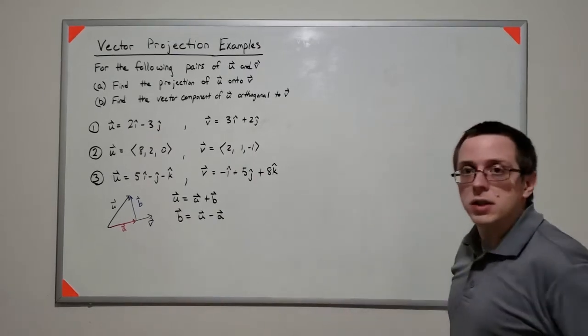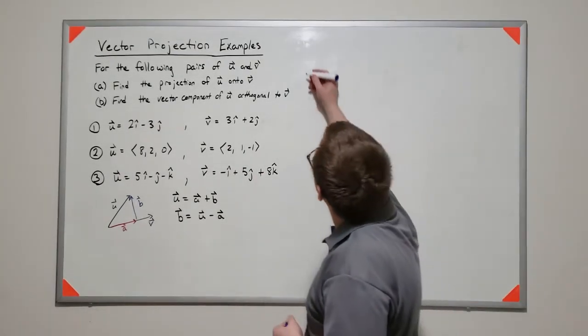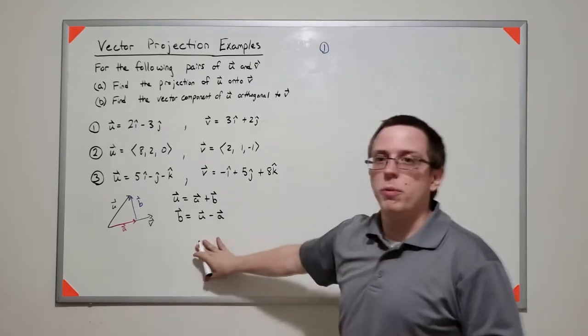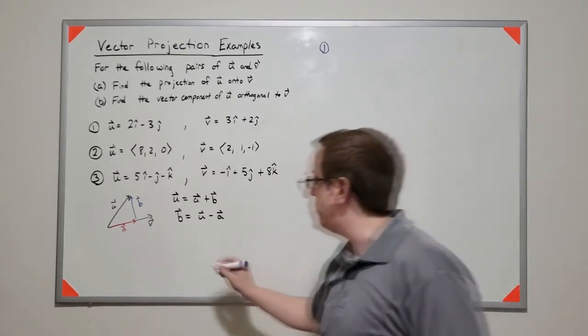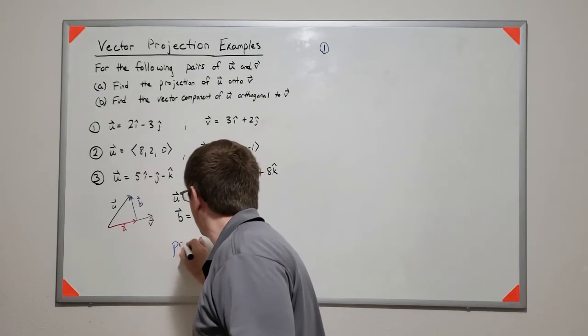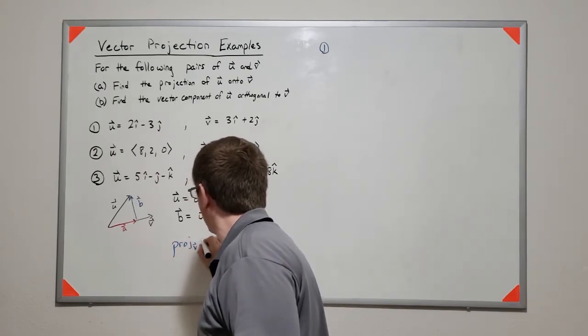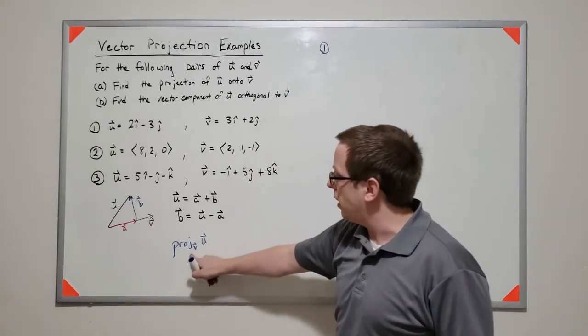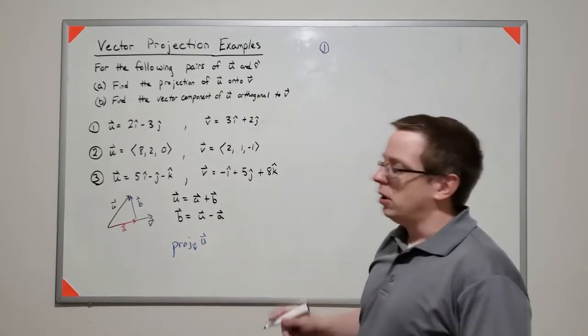All right, so let's get to solving. So I guess I'll go ahead and write. Remember that the projection of u onto v, I know this can feel backwards because you write the v before you write the u.